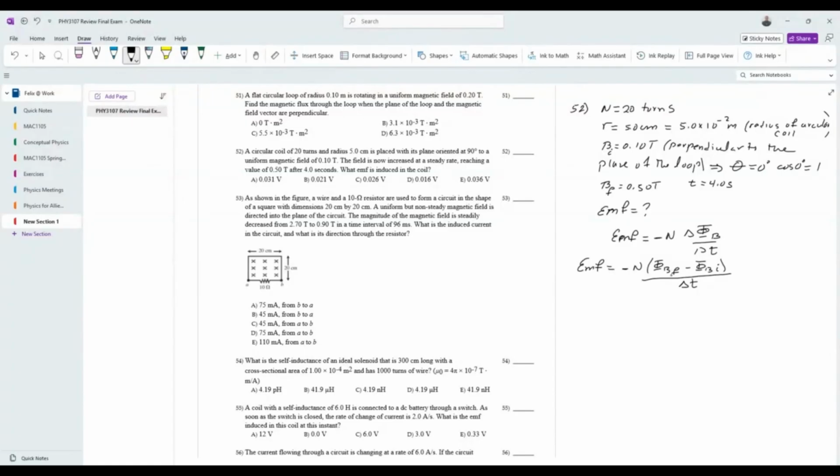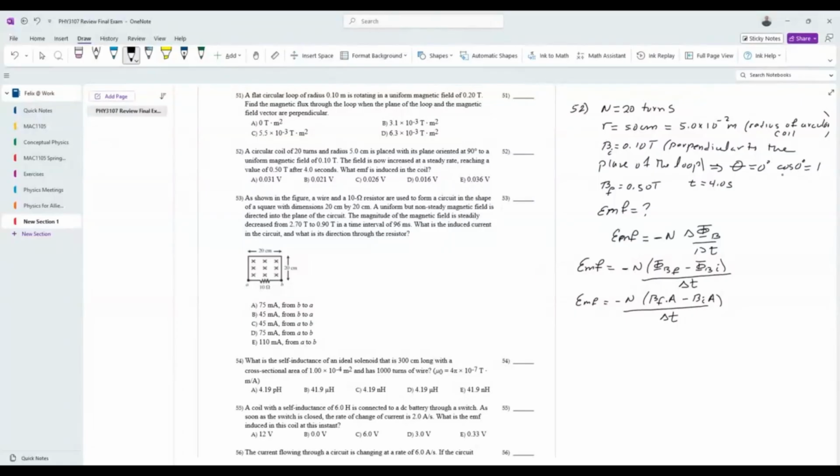Now, what is this final magnetic flux? It will be B final times A, the area. So it's minus N times B final times the area minus the initial magnetic flux, which is B initial times the area. I am just multiplying B final times the area, B initial times the area, because I said the plane and the magnetic field are perpendicular, so the angle is 0 degrees, so the cosine of 0 is 1.